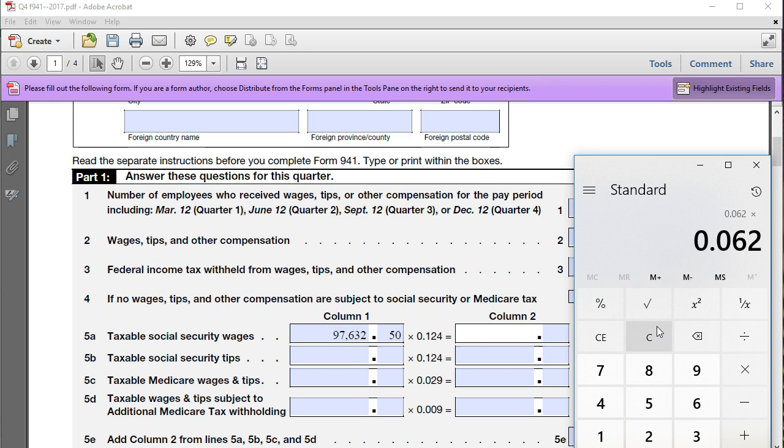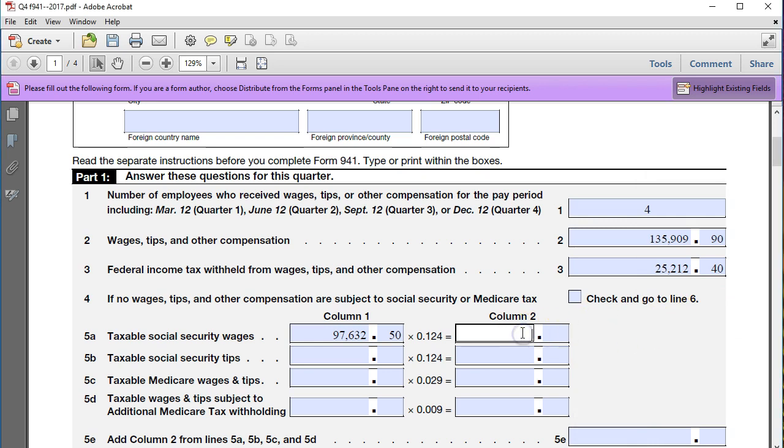If we multiply it times 2 to take care of both employee and employer portion at one time, that's our 0.124, which we will then multiply times 97,632.5 to give us the 12,106.43. So here we're going to put down the 12,106.43.